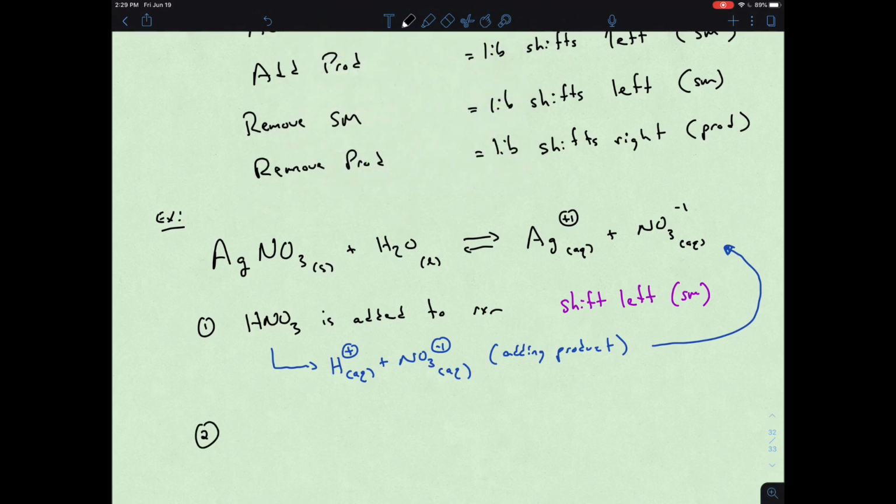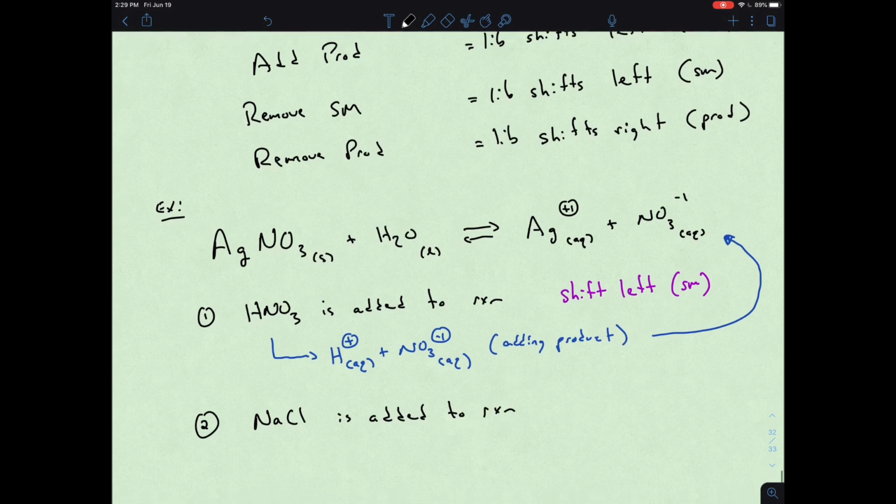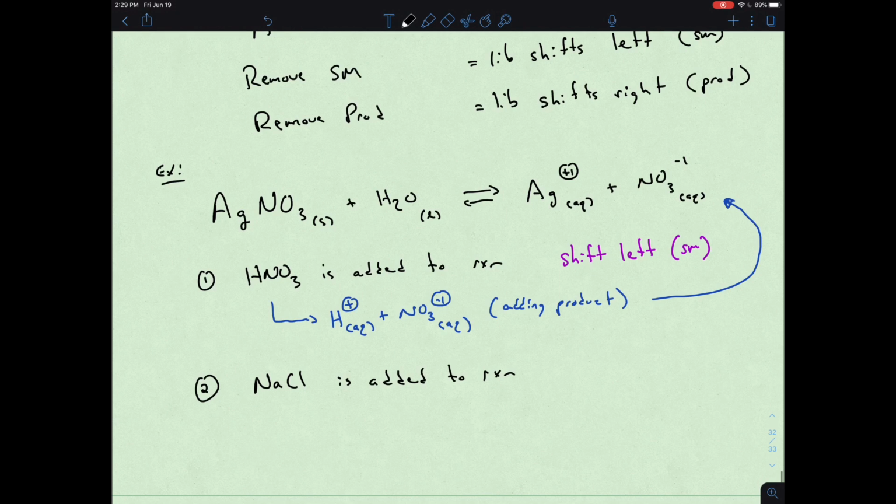What if I say sodium chloride is added to the reaction? Well, what will sodium chloride do? Sodium chloride would dissociate as well to Na+1 and Cl-1. And so it doesn't look like that's increasing anything, because none of those match the materials above. But we might remember precipitation reactions, right?